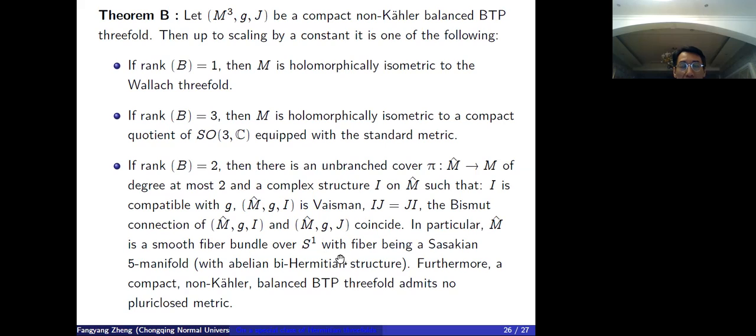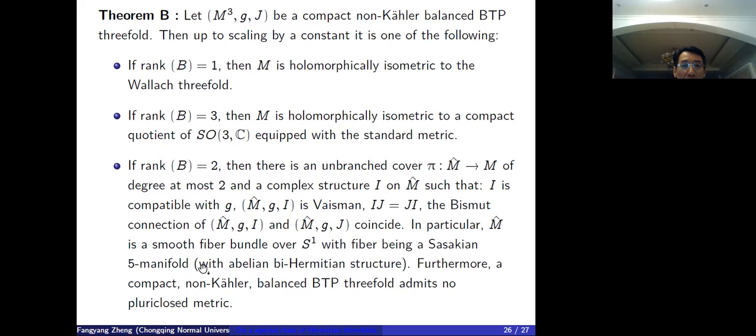It says that such manifolds are fiber bundles over S1, where the fiber is a Sasaki manifold. So in this case, we know the topology of the manifold M hat a little better, right? It must be a Sasaki 5-manifold fiber bundle over S1.